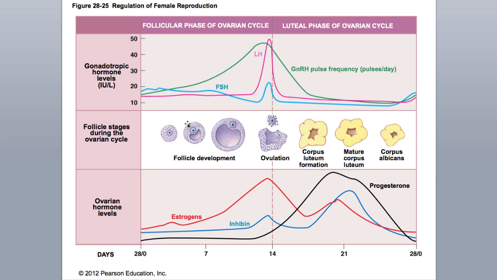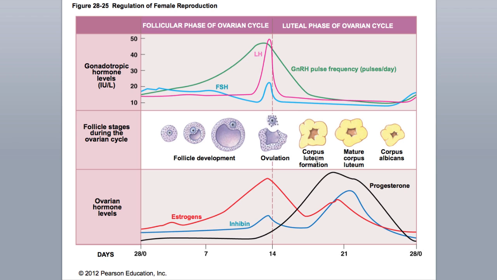Now, I have not mentioned this part yet, but notice here, the rise in estrogen and the development of the follicle corresponds to FSH. Then around day 14, we have a surge in LH. It's just the right day before. So the day before, you're going to have a rise in LH. That rise in LH the day before is going to stimulate the ovulation process.